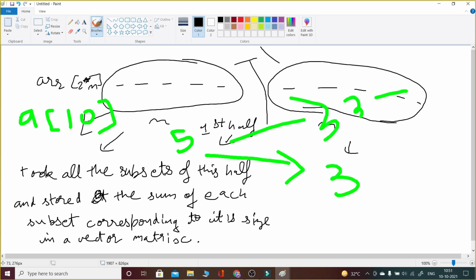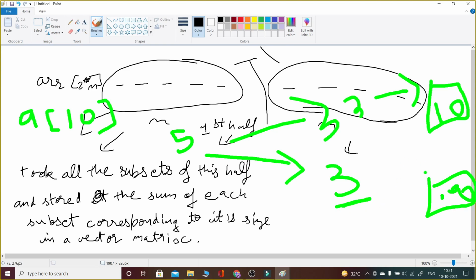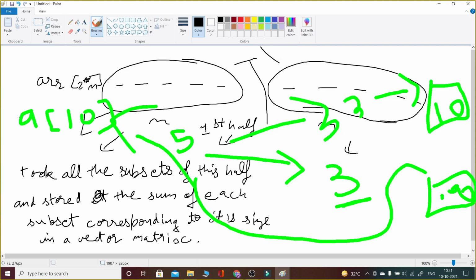They may contain different sums: one subset of size 3 would have a sum of 10, another a sum of 100. For each subset of size 3, I have stored the corresponding sum into a vector. So at a[3], a vector would be present, which would contain the values 10 and 100. This is how I have done it.